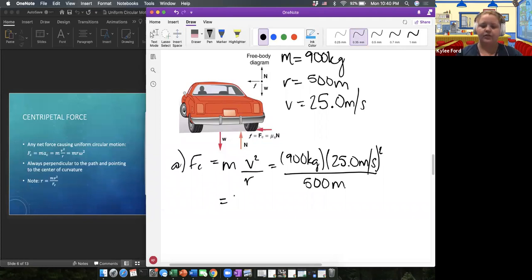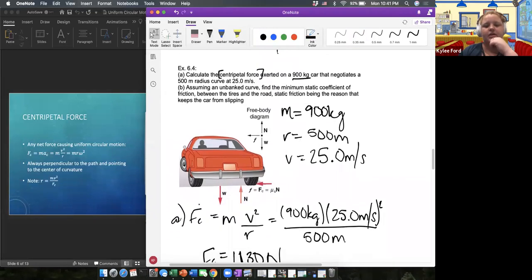We end up with about 1,030-ish newtons. So that is my centripetal force here around this curve.